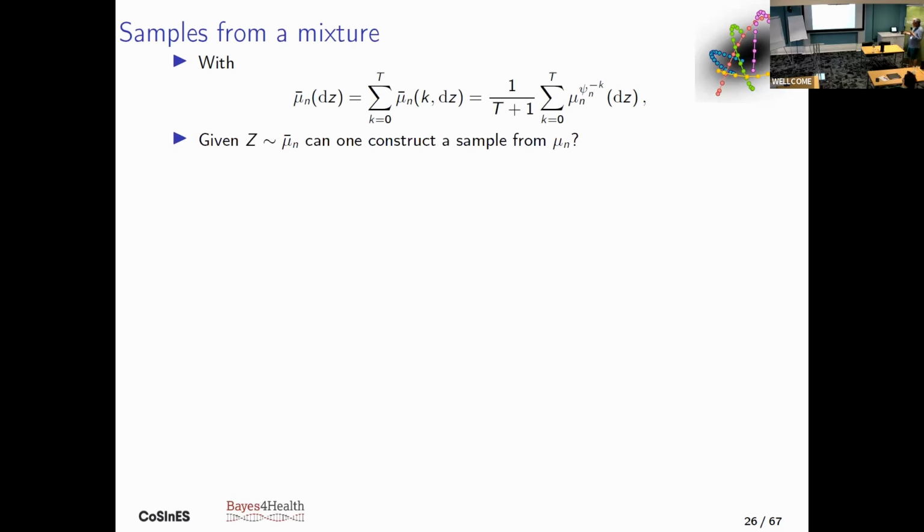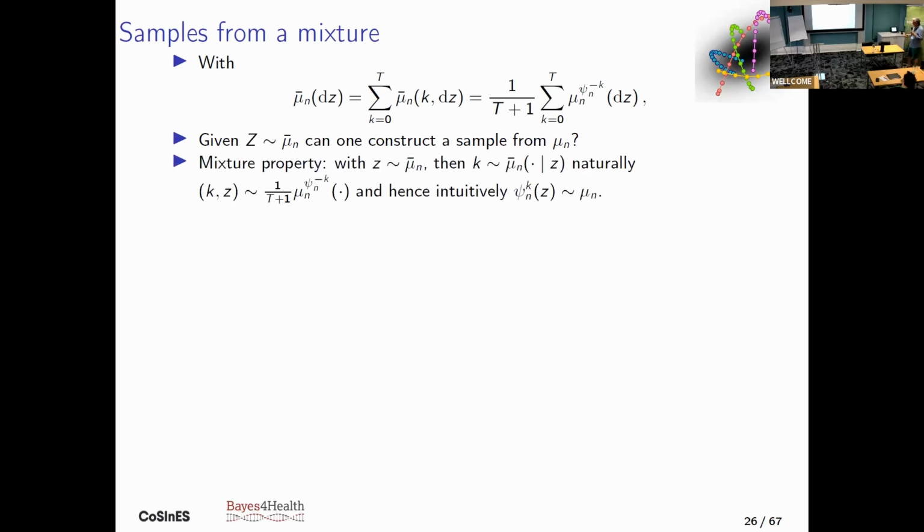So now we are going to assume that we've got a sample from mu bar n. How can I get a sample from mu n?